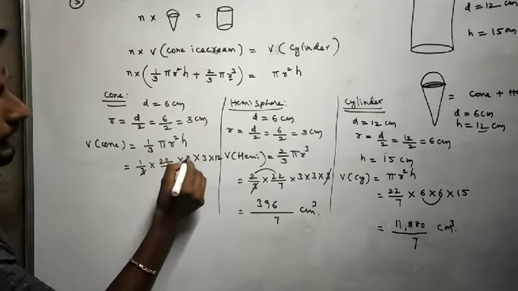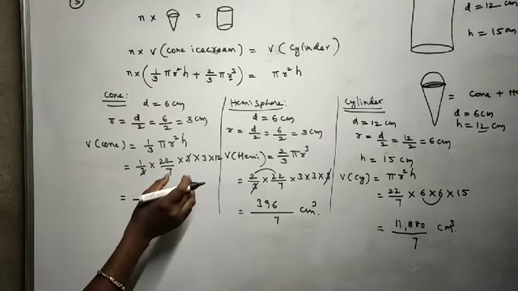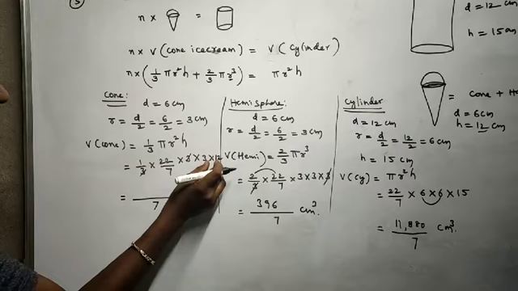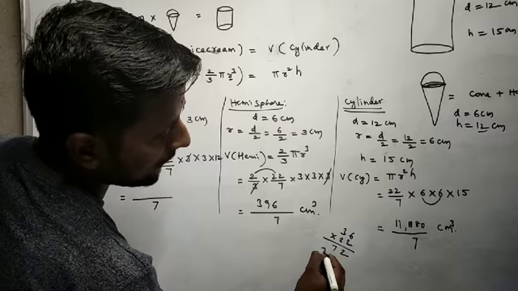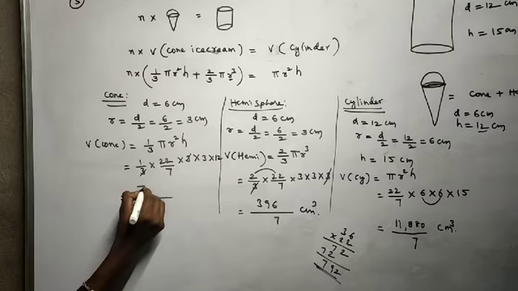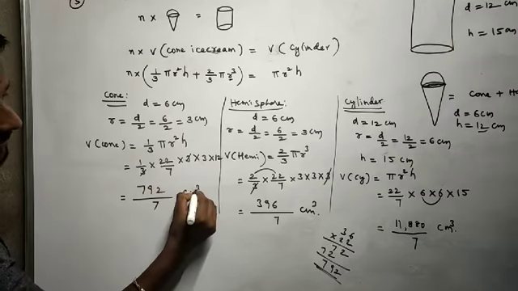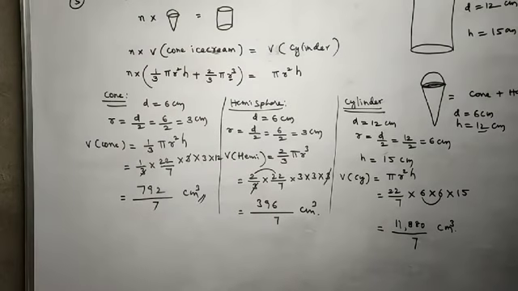So 3 and 3 get cancelled. 12 3s are 36. 36 into 22 is 792, so 792 by 7 centimeter cube. Now we got all the individual volumes: the volume of the cone, the volume of the hemisphere, and the volume of the cylinder.